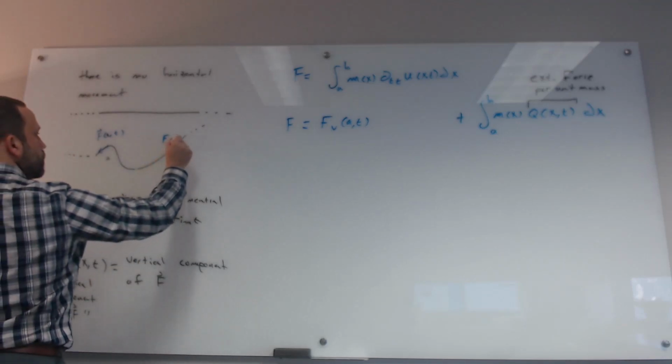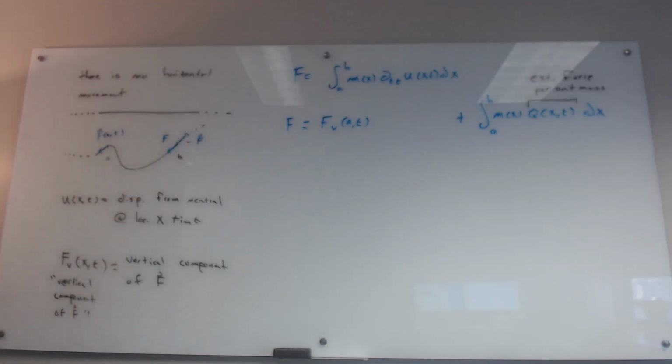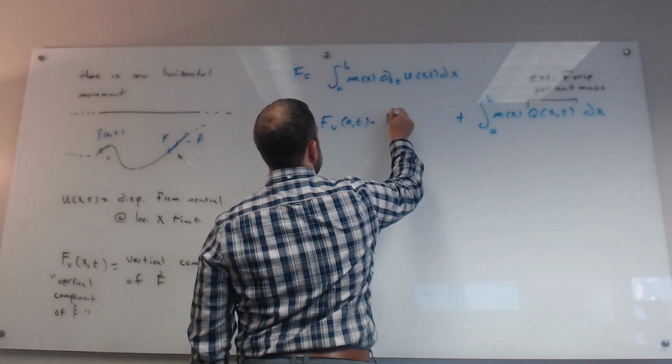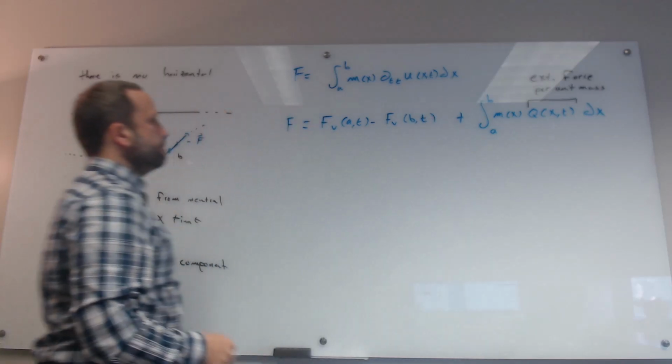However, Newton's third law says this is just equal to minus F, because they are equal and opposite directions. So now this is going to be minus F sub V at the point.